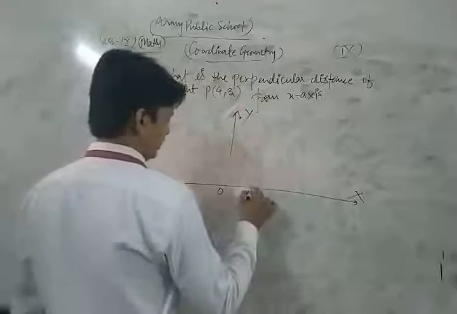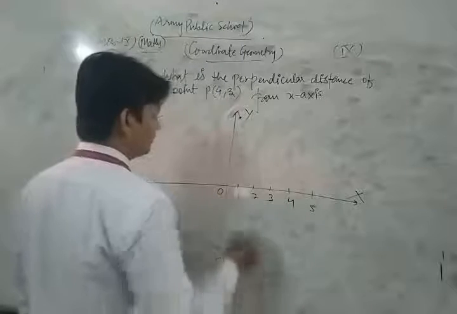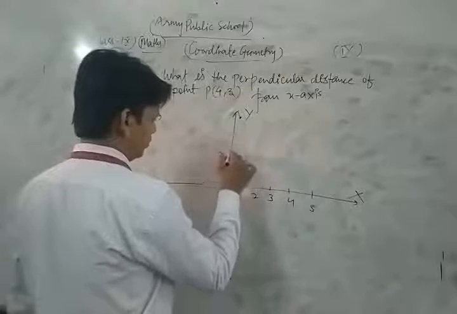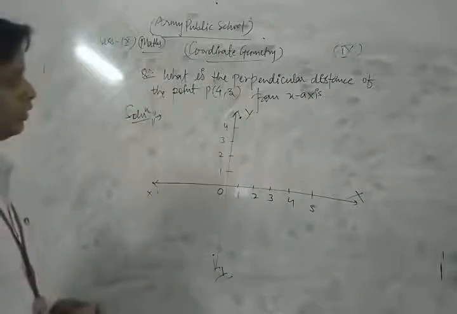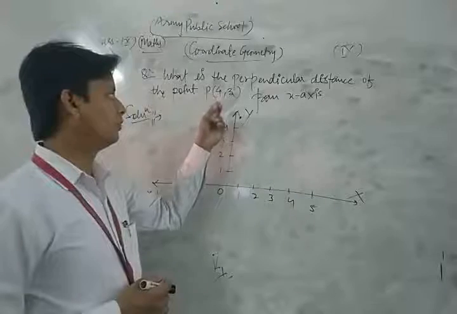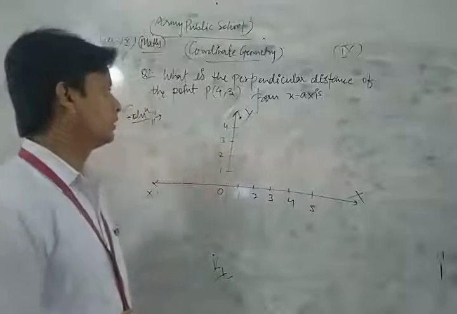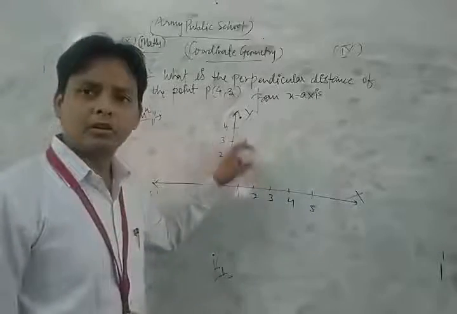Here this is 1, 2, 3, 4, 5, and this is 1, 2, 3, 4. Now we plot the point P(4,3). Here abscissa is 4 and ordinate is 3.